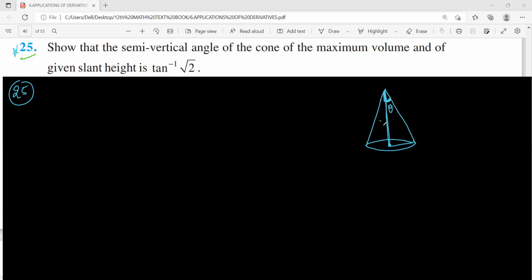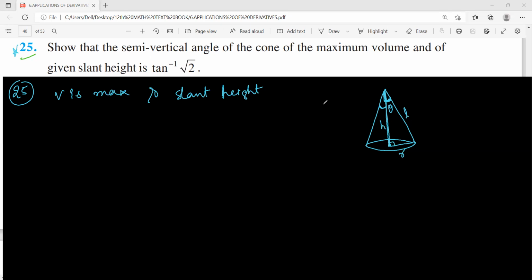So obviously this is the H shape, so these both are equal. This is theta, this is also theta. This is 90 degrees because this is R and this is L. Then what is it saying? The semi-vertical angle of a cone of maximum volume, with the given slant height.